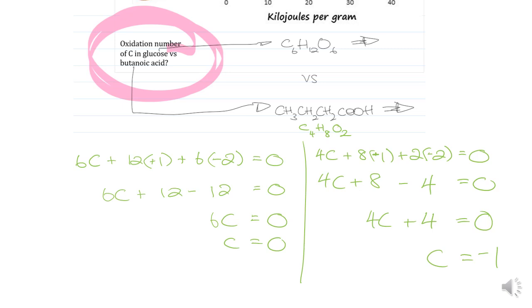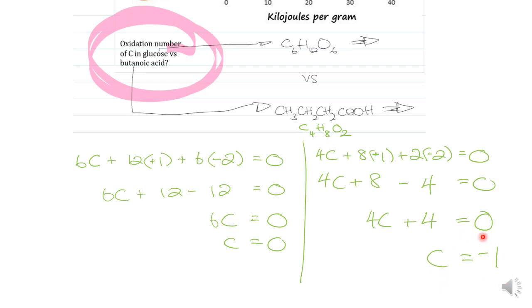So overall, in a carbohydrate, for example in glucose, my oxidation number for my carbon ends up being 0, whereas my oxidation number for my carbons in a fatty acid, and this is a very short fatty acid, is equal to negative 1.